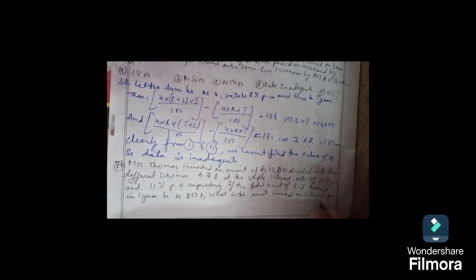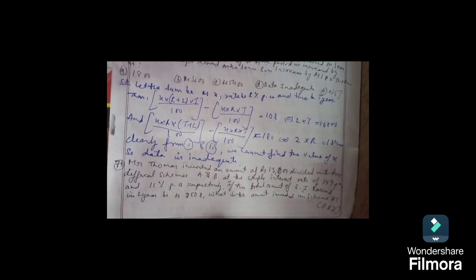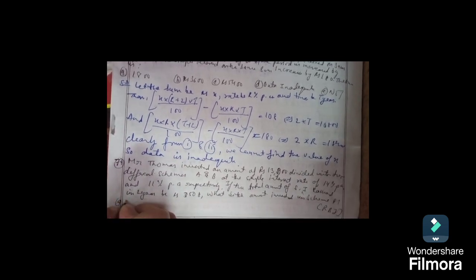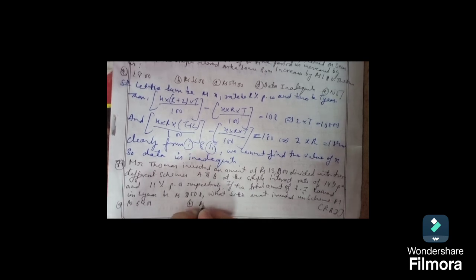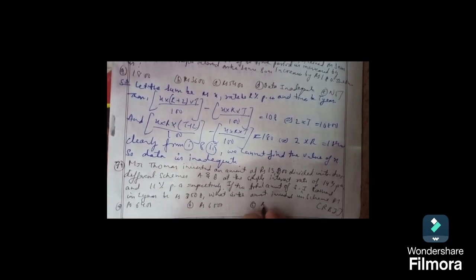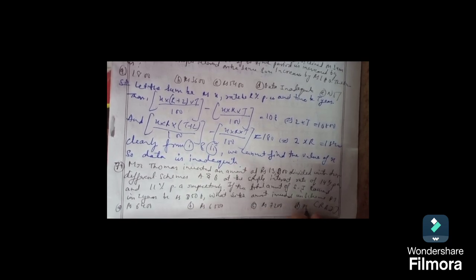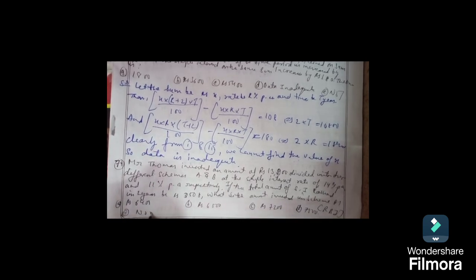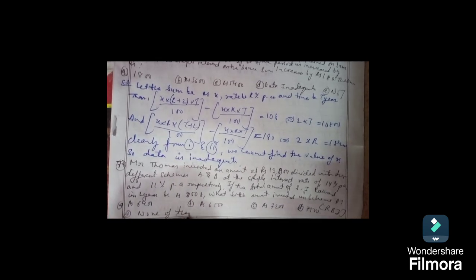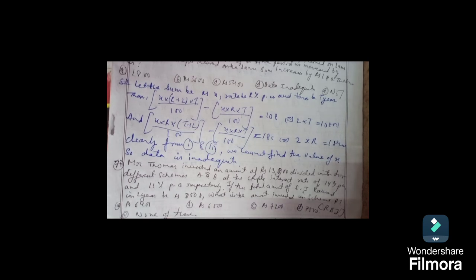This has been asked in the RBI examination paper. The options are 6,400, rupees 6,500, 7,200, 7,500, and option E is none of these. Let's go for the same here.